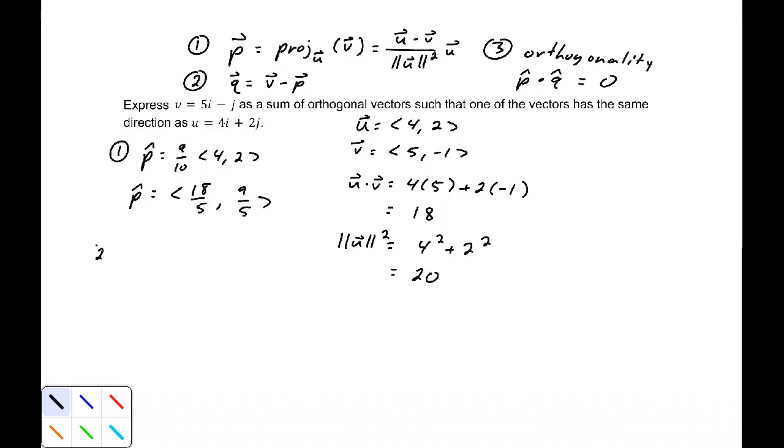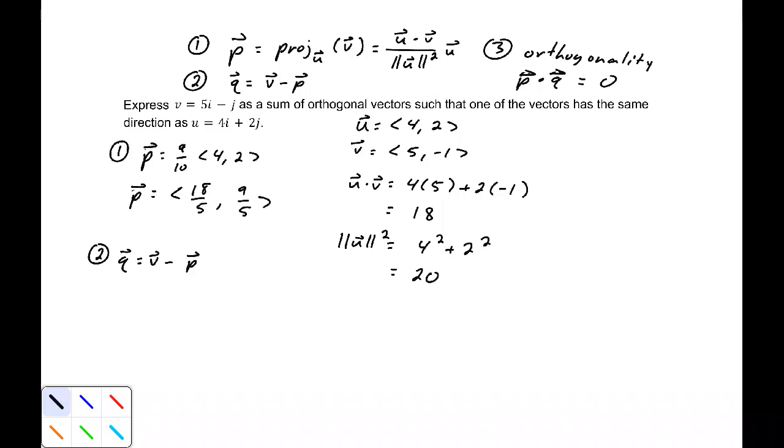All right. Second, we will take the vector v, and again, this is to find the second vector q. We'll take the vector v minus the vector p, that projection we just found. Sorry, I'm fixing my notation, because there's a couple of ways to write vectors and I keep wanting to switch back and forth. Okay.